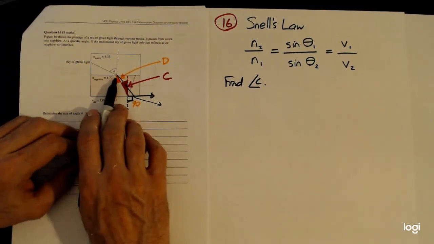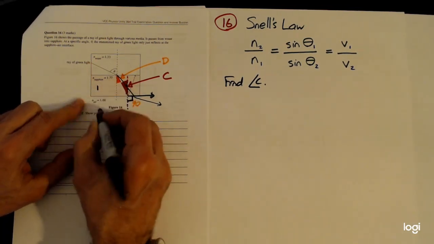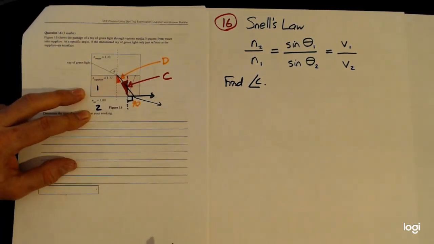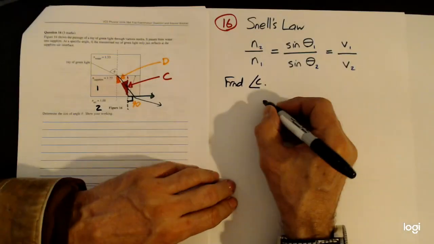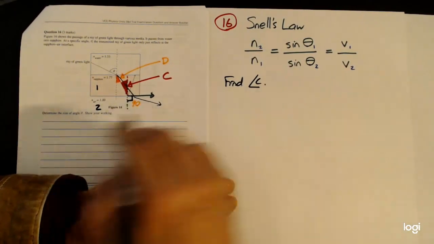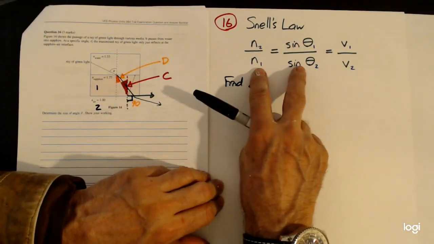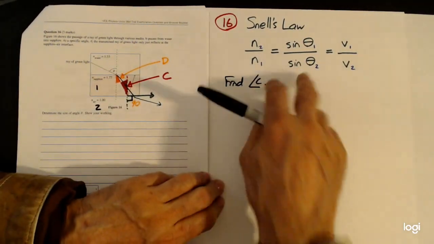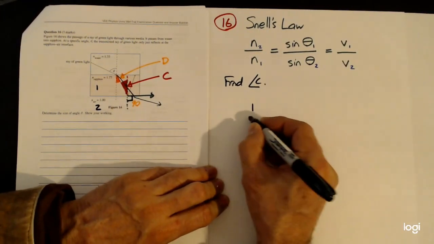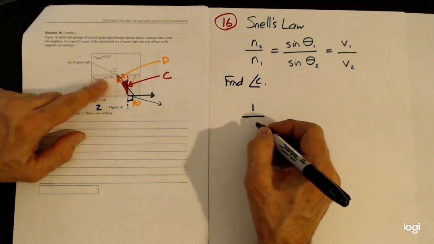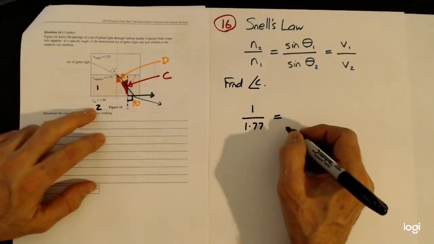So this is medium 1 and this is medium 2 for this little part, okay? So we've got N2 on N1. 1 over 1.77 equals sine theta 1 by sine theta 2.